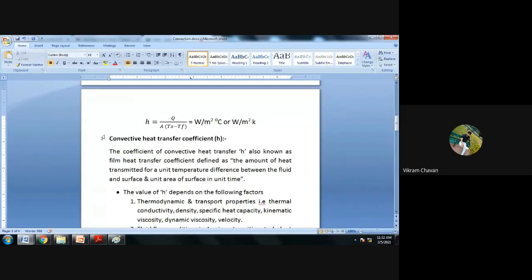h. Also known as film heat transfer coefficient.